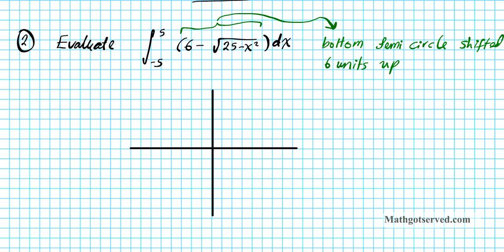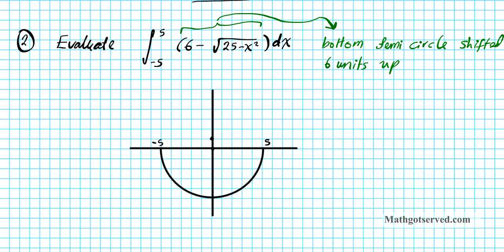Like that. So there you have the semicircle, and it goes from -5 all the way to 5. It's centered at the origin, but we're going to shift it 6 units up. So it's going to go 1, 2, 3, 4, 5, 6.